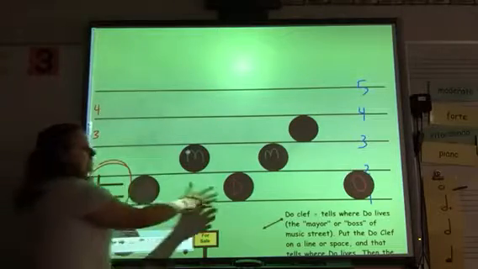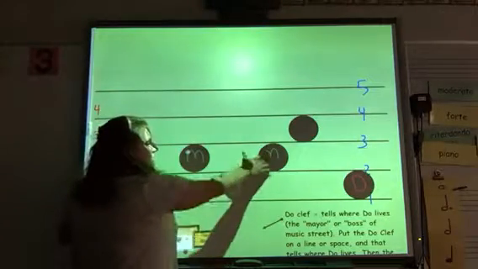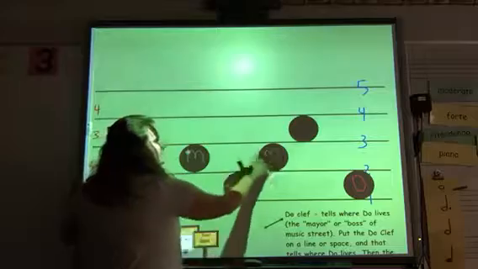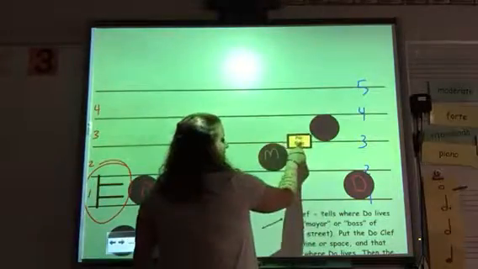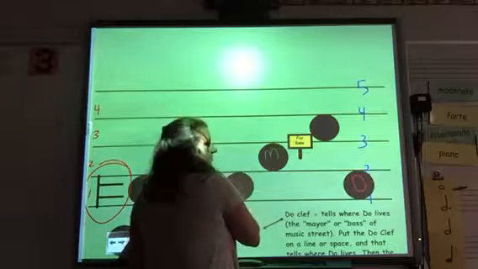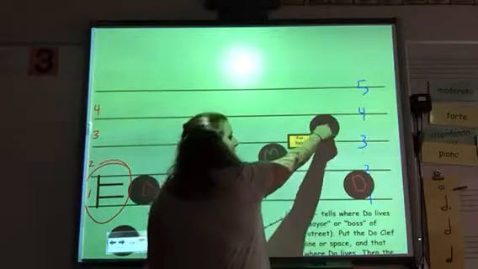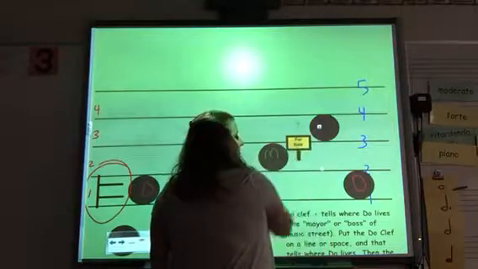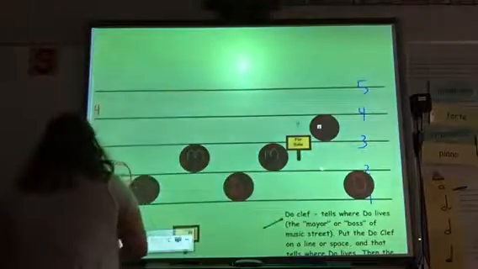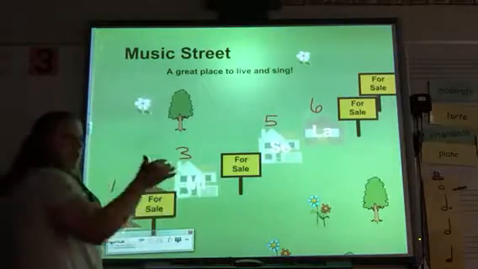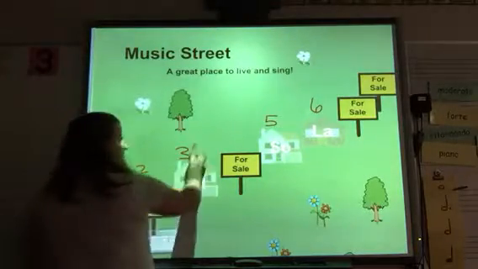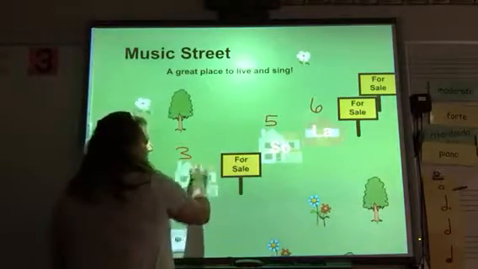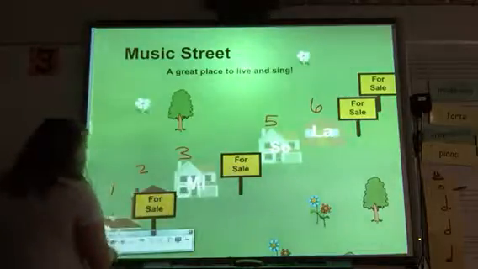You can think about the relationship between mi on this space, putting the for sale sign here because we're not sure what goes on this line, and then knowing that what comes next after that for sale sign is so. You can think about the relationship like this. You know that space to space is a skip, and you know that you've got mi, and you know mi to so is a skip.